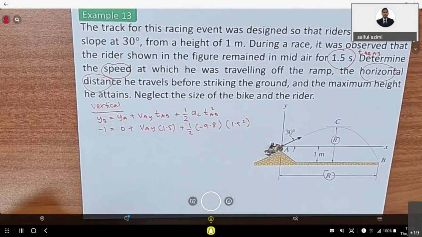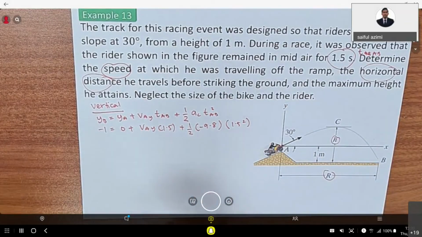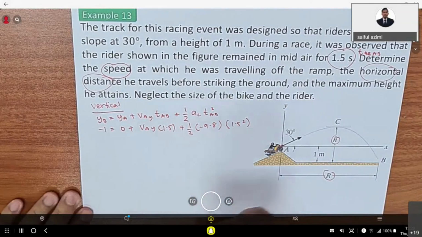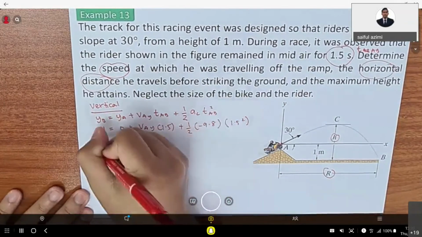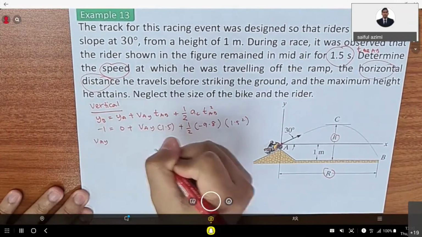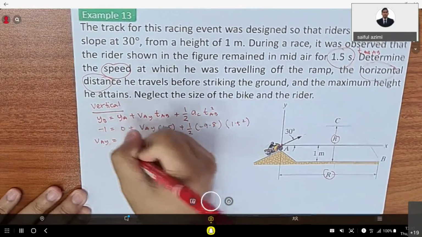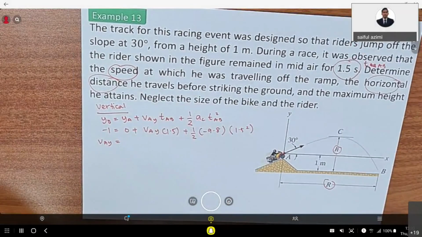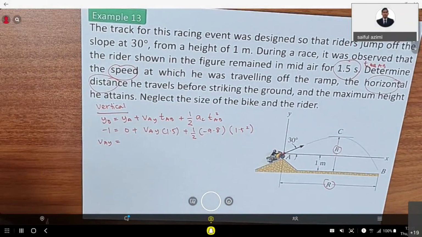So you have VAY equals to, let me calculate first, 1 over 2, negative 9.8.